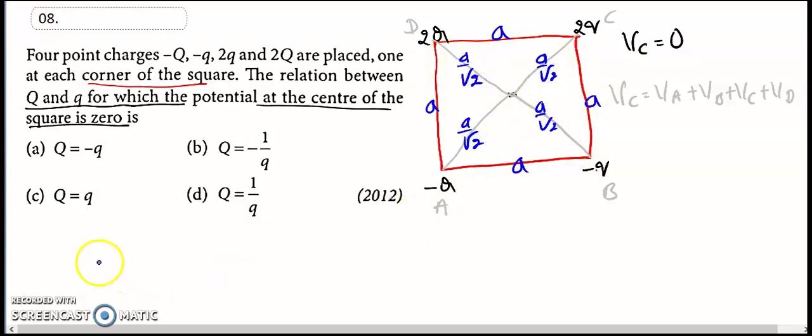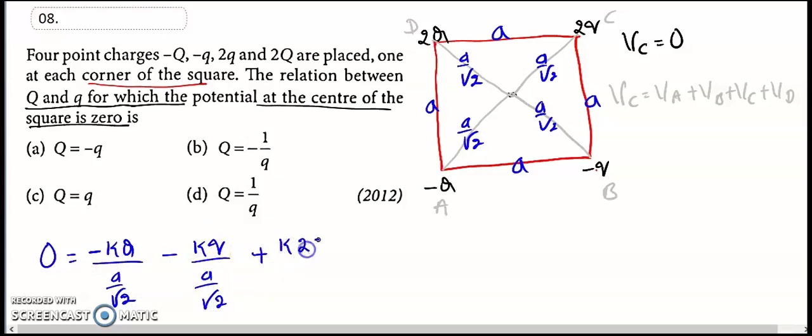So the potential at the center is equal to 0, which is k times minus q divided by a by root 2, minus kq divided by a by root 2, plus k into 2q divided by a by root 2, plus k into 2Q divided by a by root 2.